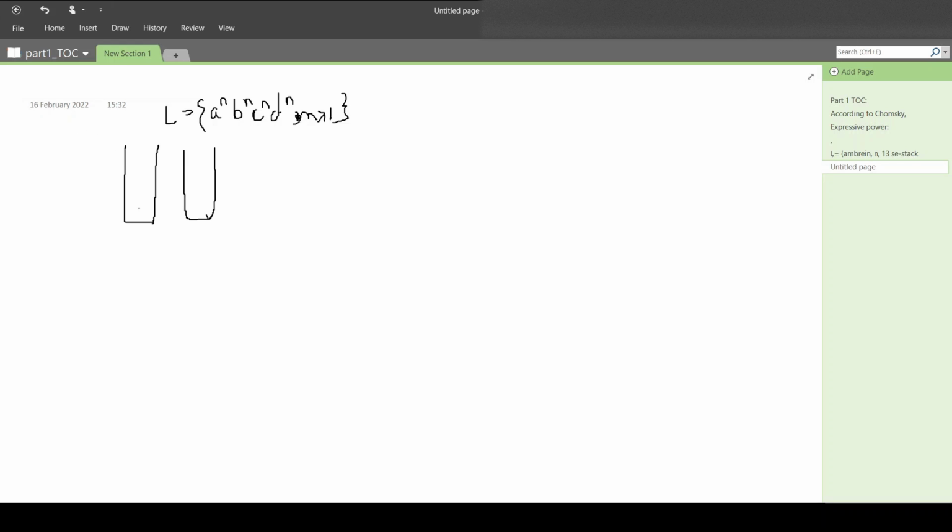So when we are entering a, for every a we are also entering b.